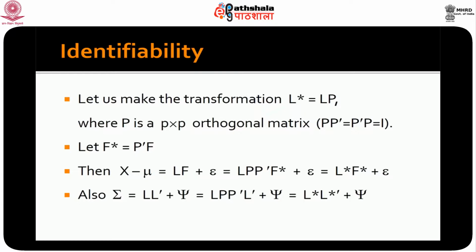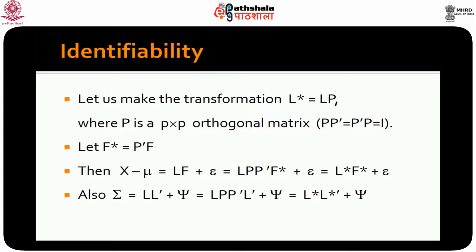Now suppose we make a transformation from L to L star. Let L star be equal to L into T, where T is an orthogonal matrix, so T prime T is equal to identity. And if we do this, then we can write the model again.